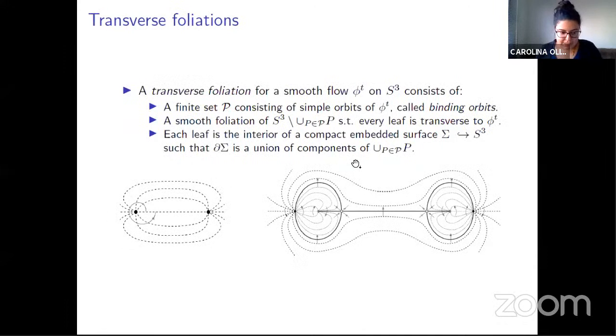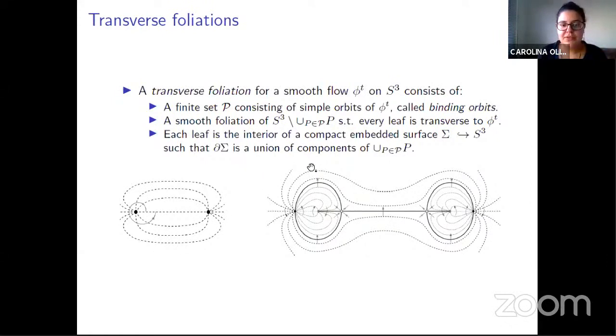So in general, a transverse foliation for any flow in a three-manifold, not necessarily just the three-sphere, is actually a singular foliation. We have a singular set formed by a finite set of periodic orbits that we call binding orbits.